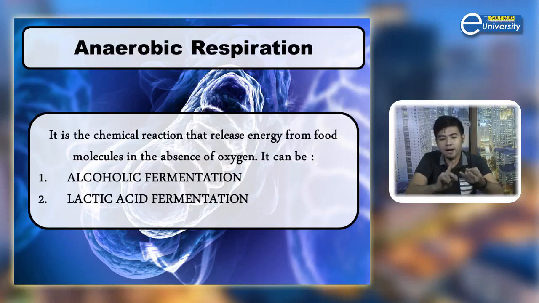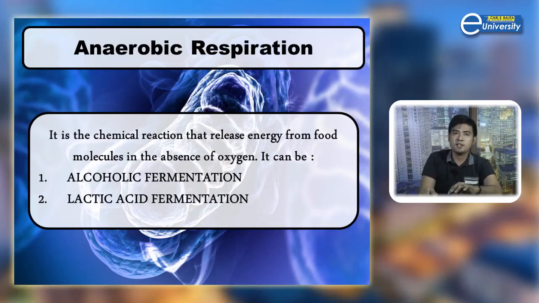So the formula is pyruvate plus NADH converted with the help of yeast, producing ethanol, NAD, and carbon dioxide. Alcoholic fermentation is very popular in winemaking and also for bakers.